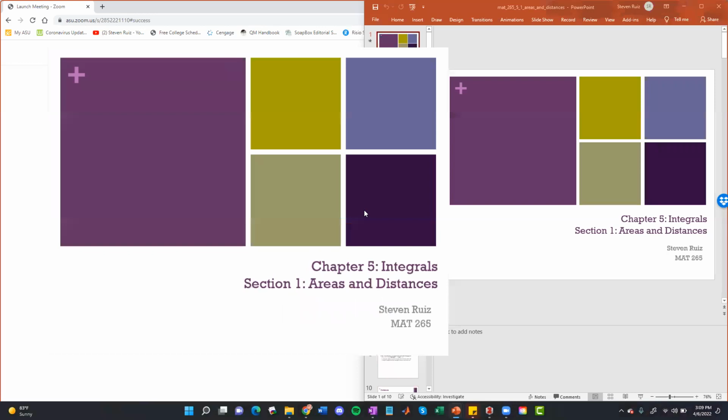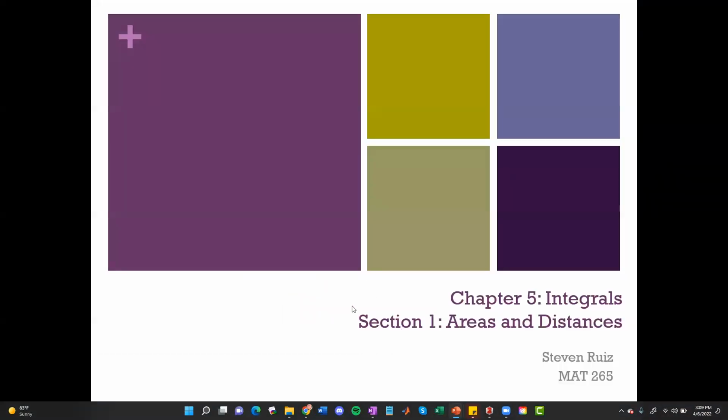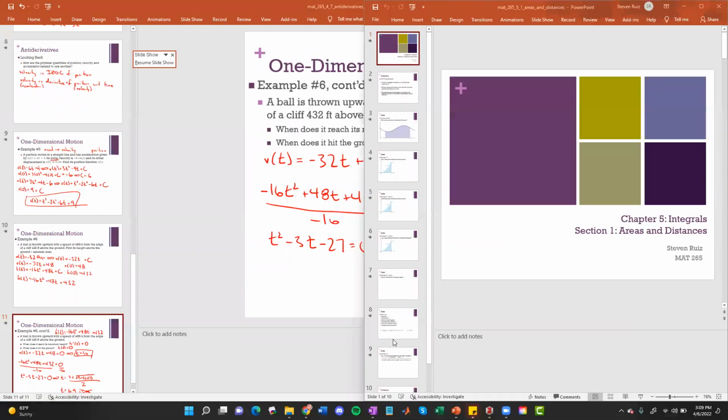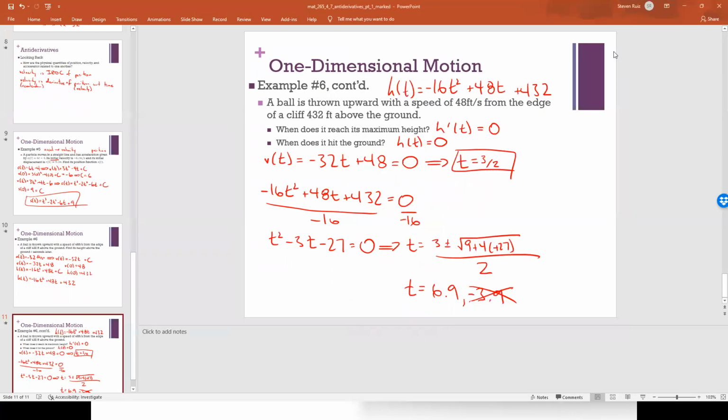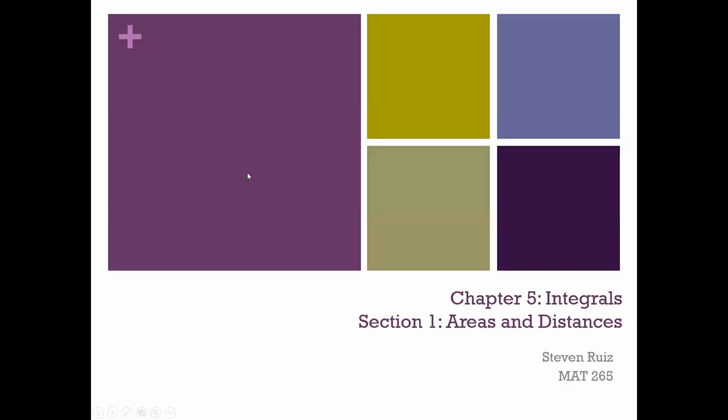The last section we just looked at was talking about these things called antiderivatives. This leads into this chapter, which is all about these things called integrals. You'll see how these are related to derivatives, but for now, just know that they are, and you'll definitely see some similarities, some connections.